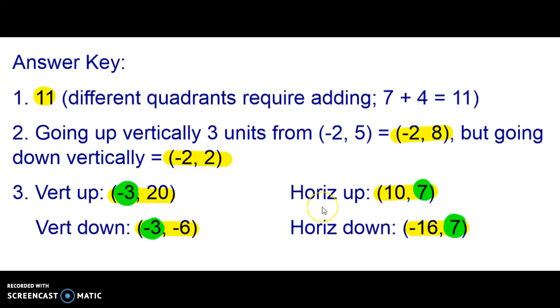If I go horizontally up, which would really be to the right, then that means I would end at 10, 7, because -3 plus 13 to the right gives us 10 as the x-coordinate. If I go horizontally down, which would really be to the left, then I have to take -3 minus 13, which gives me -16, 7. So these are the 4 points you should have listed.